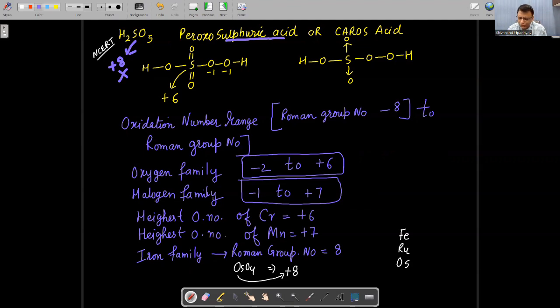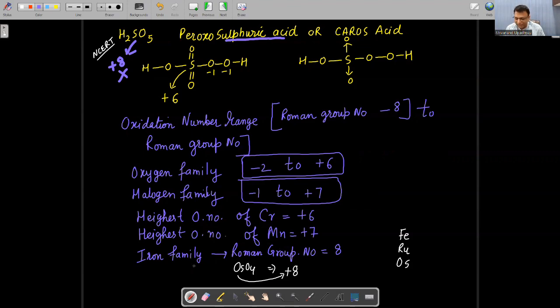Same way for the halogen family, the variation will be -1 to +7. The highest oxidation number of chromium: the Roman group number of chromium is 6, right, and manganese is 7. From there we are saying that in K2Cr2O7 and in KMnO4, chromium is in +6 oxidation state and manganese is in +7 oxidation state.